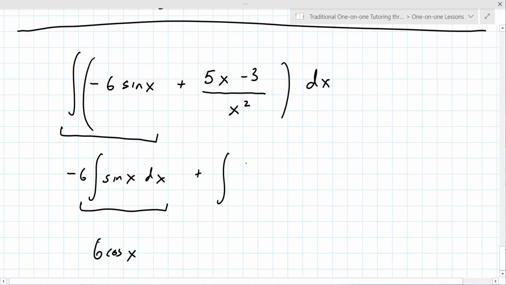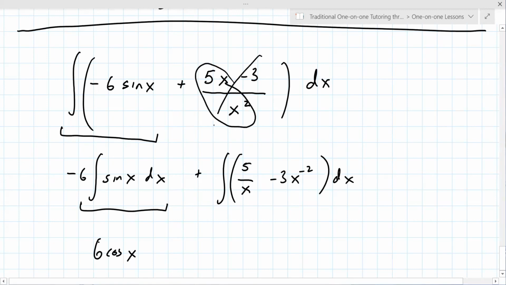This is what I get when it simplifies: 5 over x minus 3x to the minus 2. So it's not 5x to the power of negative 3. Nope, you got to divide both of these. The 3 is kind of off to the side. Oh, okay.